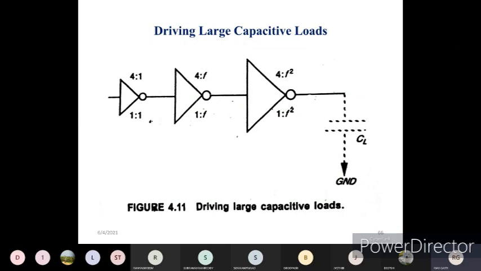If the length to width ratio, if L is greater than width, then we call it a pull up transistor, that is a resistor. If L is small and width is large, then we call it a pull down resistor. By using this channel length and channel width, we can minimize the resistance in the driving capacity of the load.